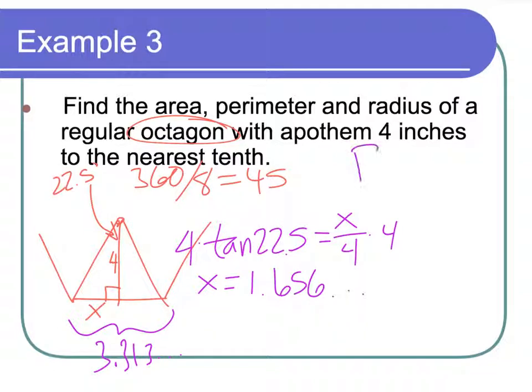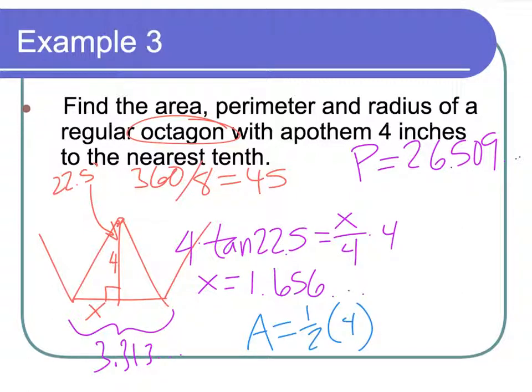So my perimeter is 26.50966799, so on and so forth. All right, so let's plug that into my formula. Area equals 1/2 times my apothem of 4 times my perimeter of 26.509, so on and so forth.